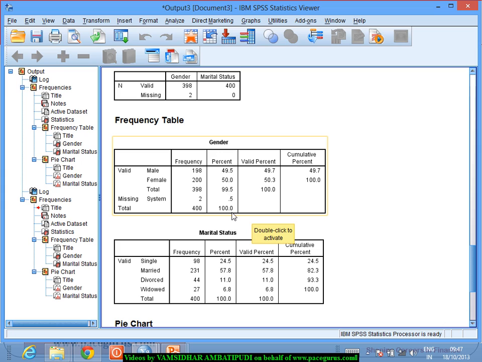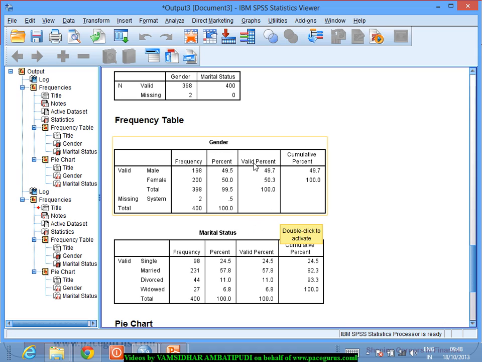So the same thing in percentages, but the next thing that is important is the valid percent, which creates another percentage as the total of only valid elements. Here it says 99.5% of my total data is valid and only 0.5% of it is missing.